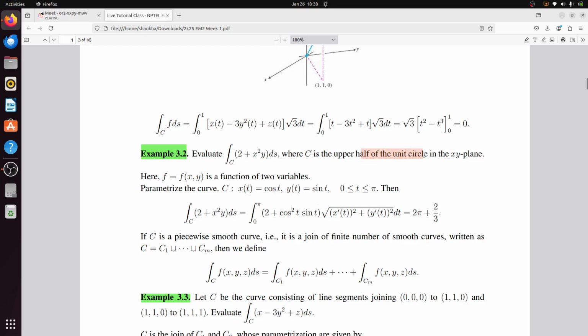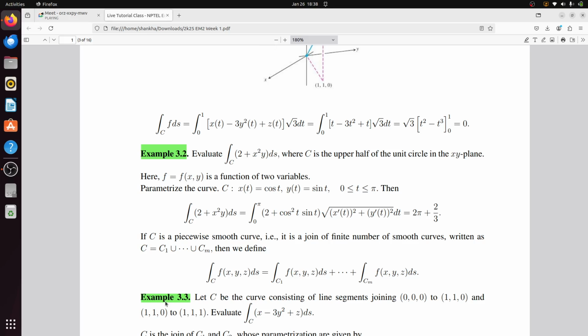If it were a circle with radius 2, then it would be 2 cos t, 2 sin t. And for the upper half plane, t is varying over 0 to pi, because for the full circle you need to vary 0 to 2 pi, right?